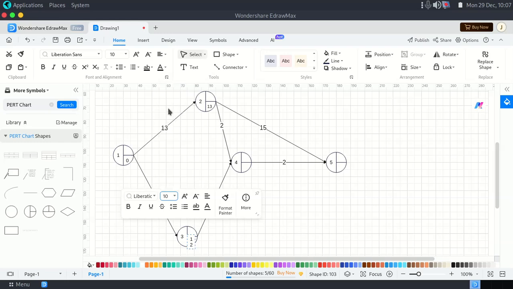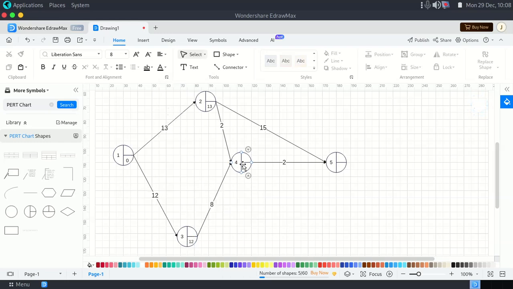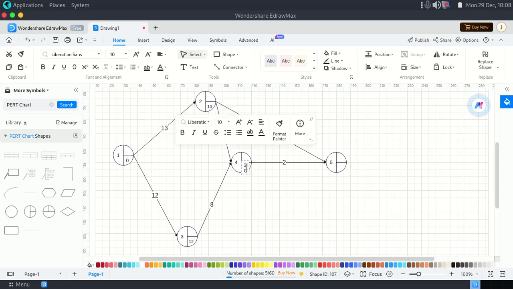Okay, the next node is 4. Now notice that 4 can come from 2 and also 3. So we need to make a decision. In a forward pass, we get the maximum value after adding. So 13 plus 2 is 15. But what about 12 and 8? It's 20. So we put 20 there because 20 is our maximum value in the forward pass after adding.